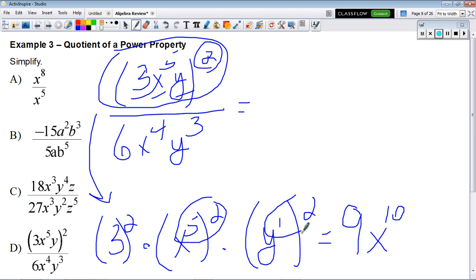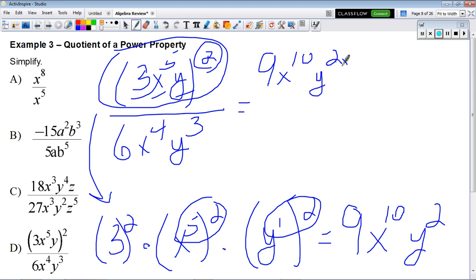And then y to the first squared, once again double exponents, I can multiply those. This would be y squared. So that's what's going to go on the top here. So I have 9 x to the 10th y squared over 6 x to the 4th y cubed.